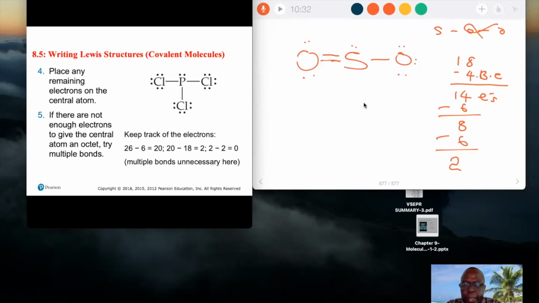generating the double bond or triple bond, for example. So in this case, it was necessary to generate a double bond. I will show you. Any question before I show you the triple bond?